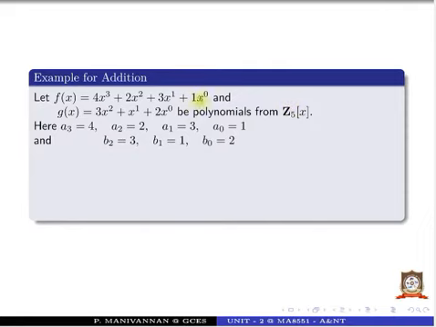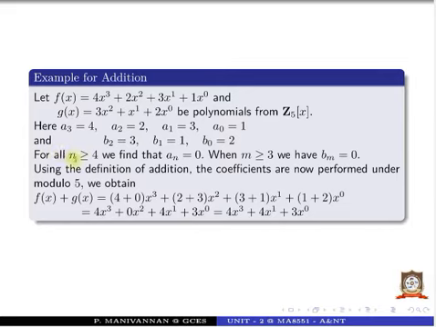The coefficients are in Z5, so this polynomial is called Z5[x]. Here the x^3 coefficient is a3 equal to 4, the x^2 coefficient a2 equal to 2, a1 equal to 3, a0 equal to 1, and b2 equal to 3, b1 equal to 1, b0 equal to 2.